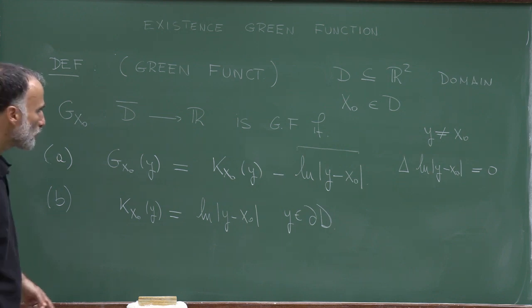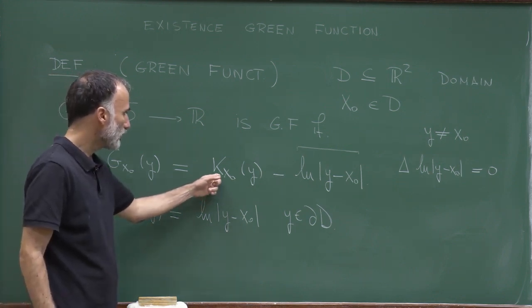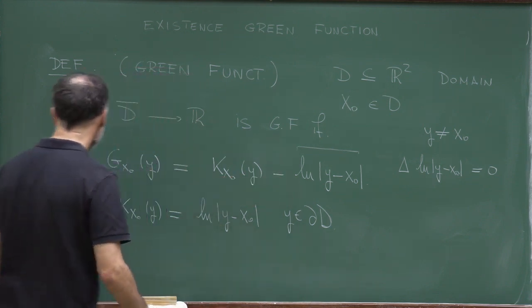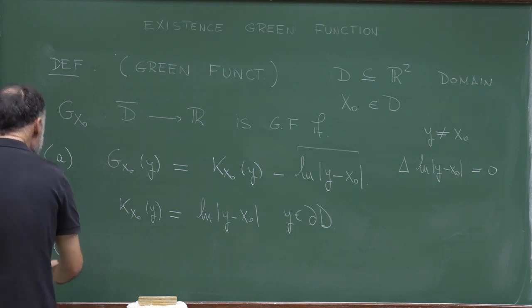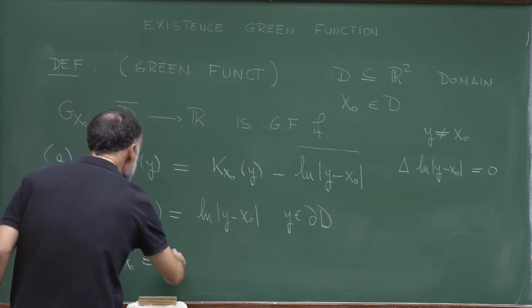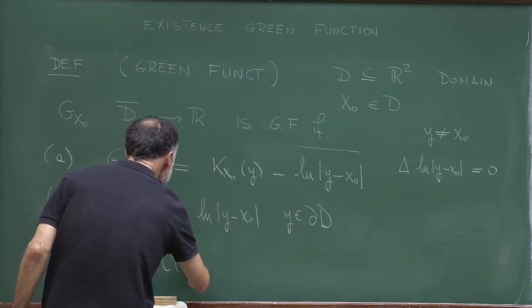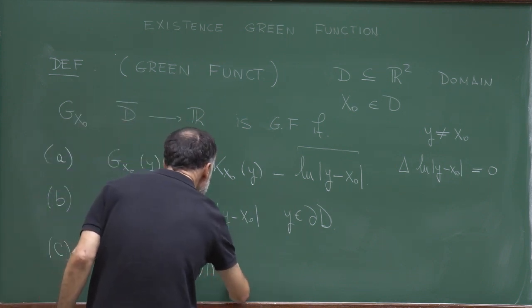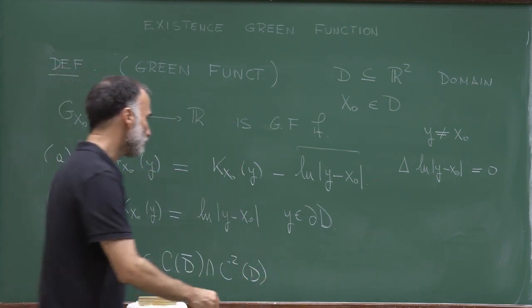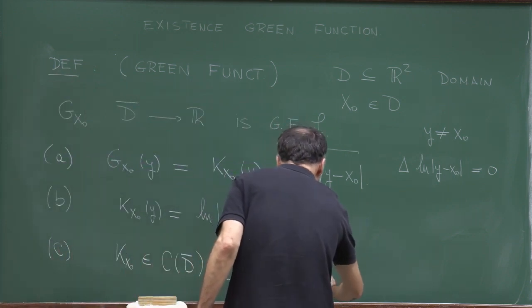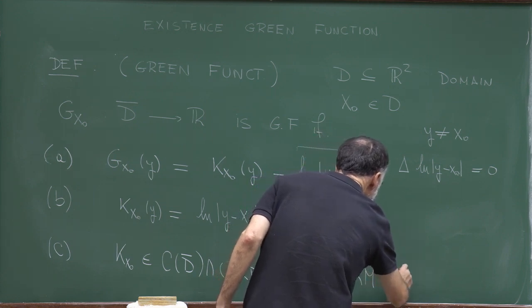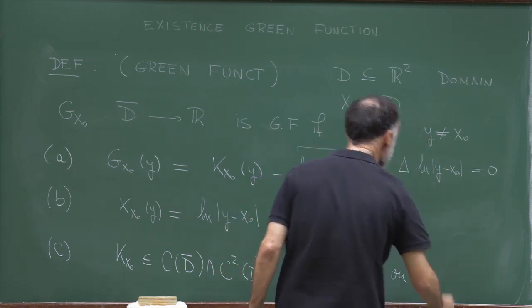And the last condition will require k x0 to be harmonic in D and to be continuous up to the boundary. So I want k x0 to be continuous up to the boundary, to be of class C2 on D, and I want it to be harmonic on D.